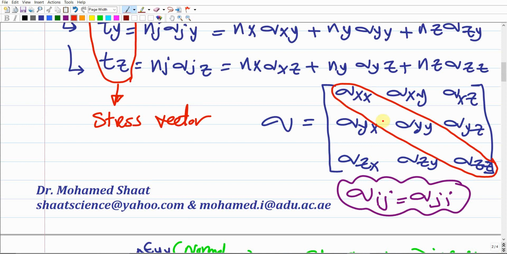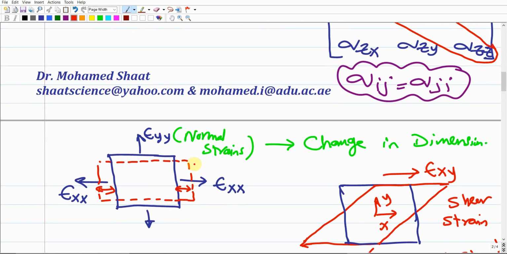We have 3 components, sigma xx, sigma yy, sigma zz, located on the diagonal, and we have some off-diagonal components. If you remember from the mechanics of materials class, we used to give a name to the diagonal components, the normal stresses, so they should somehow relate to the normal strains and have similar effects.